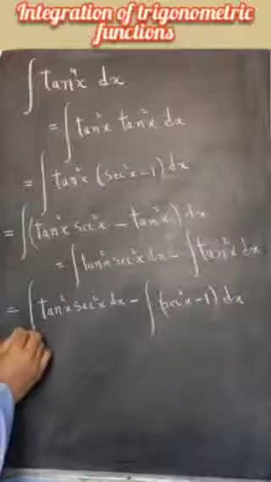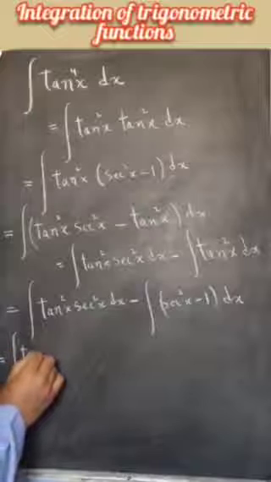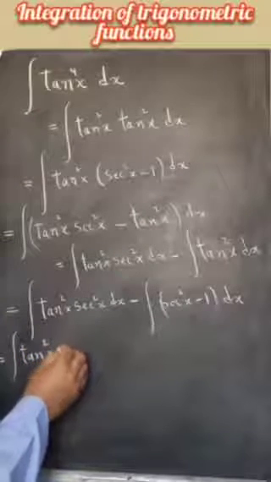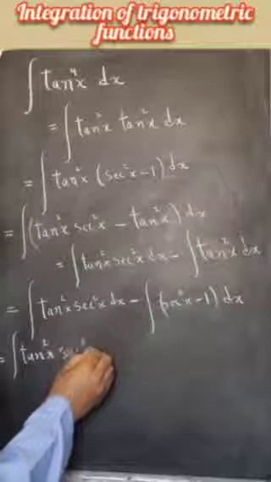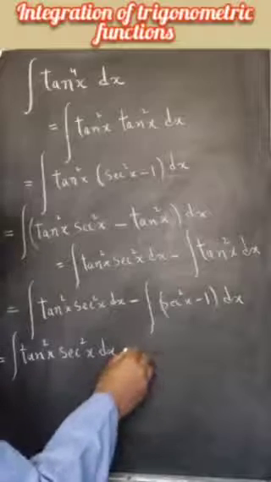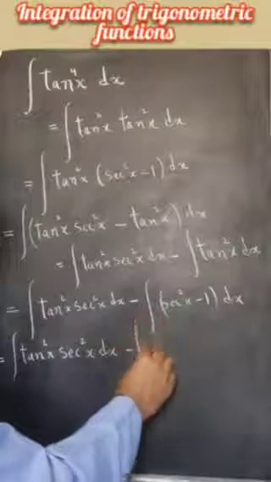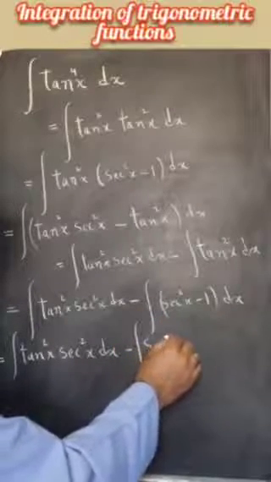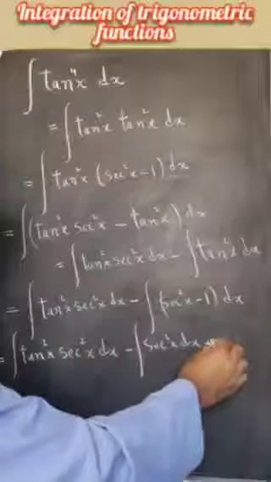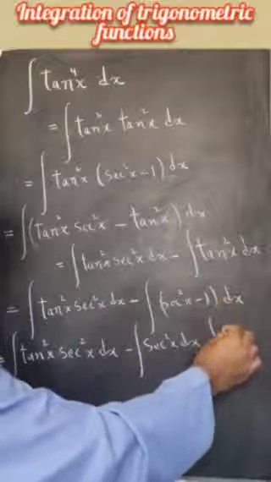Or we can write integral tan square x secant square x minus integral secant square x dx, minus minus is plus, integral 1 dx, so that is dx.